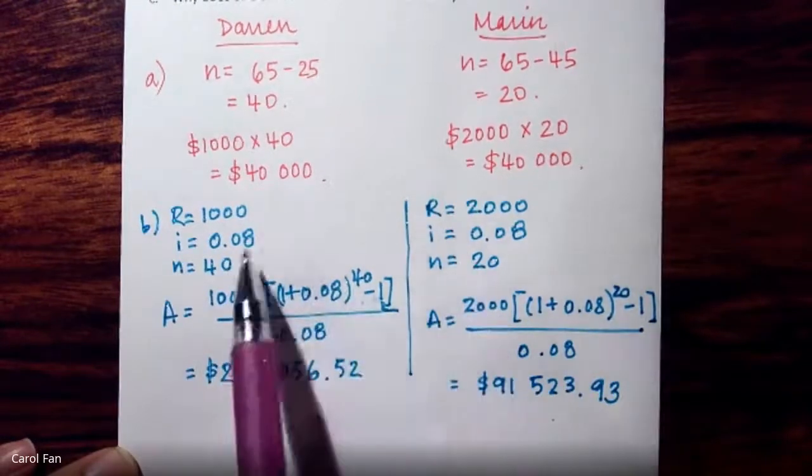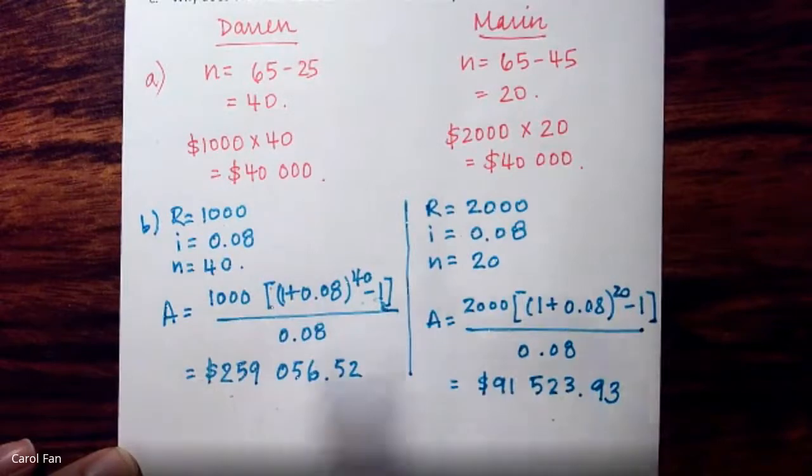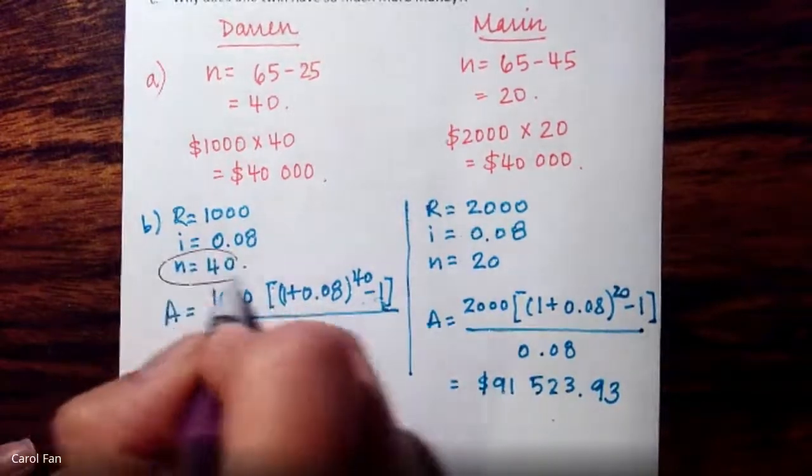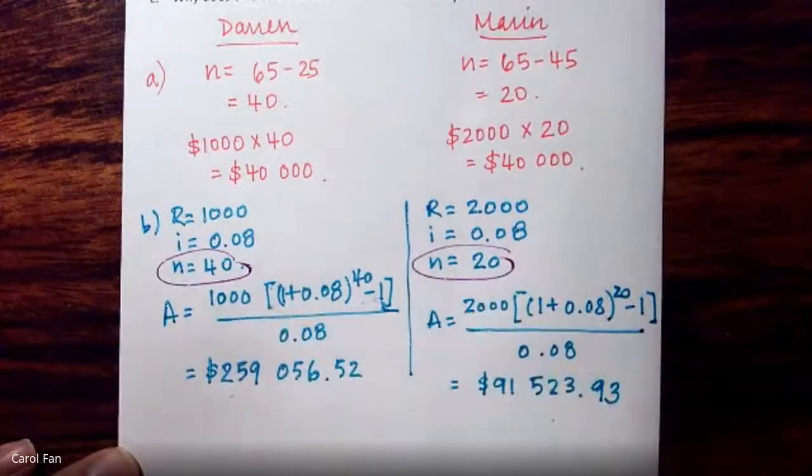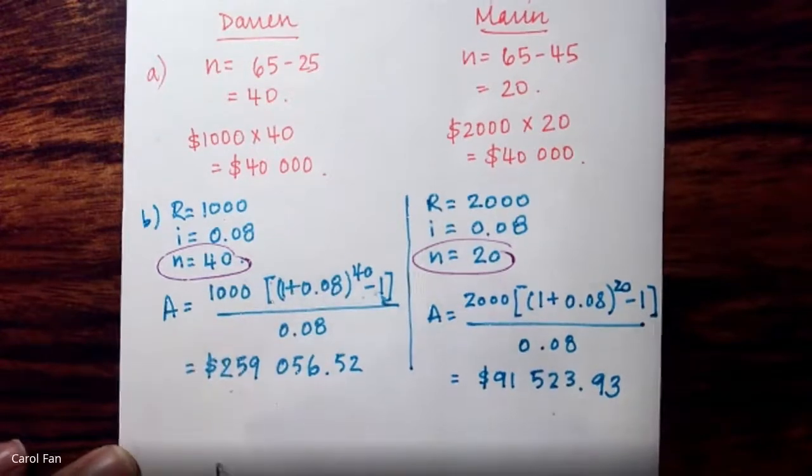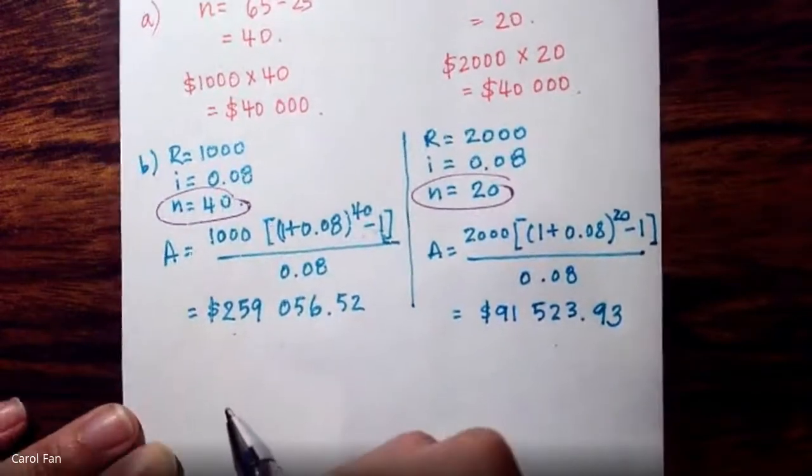The interest rate was the same, but the main thing that was different was the number of years. Now remember that we said exponential functions grow fast. Once it gets growing, it grows very fast. So the longer that money is in an account, the faster it's going to grow.